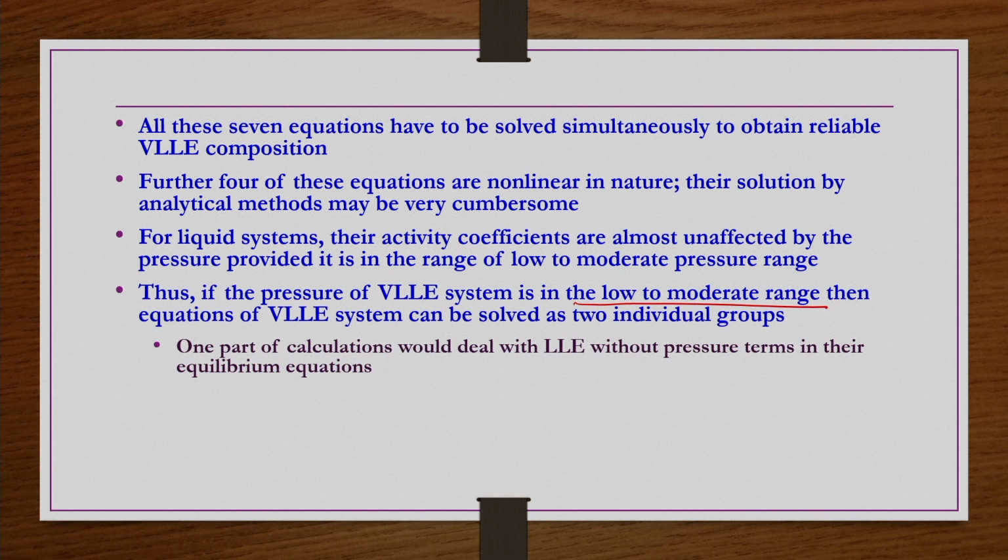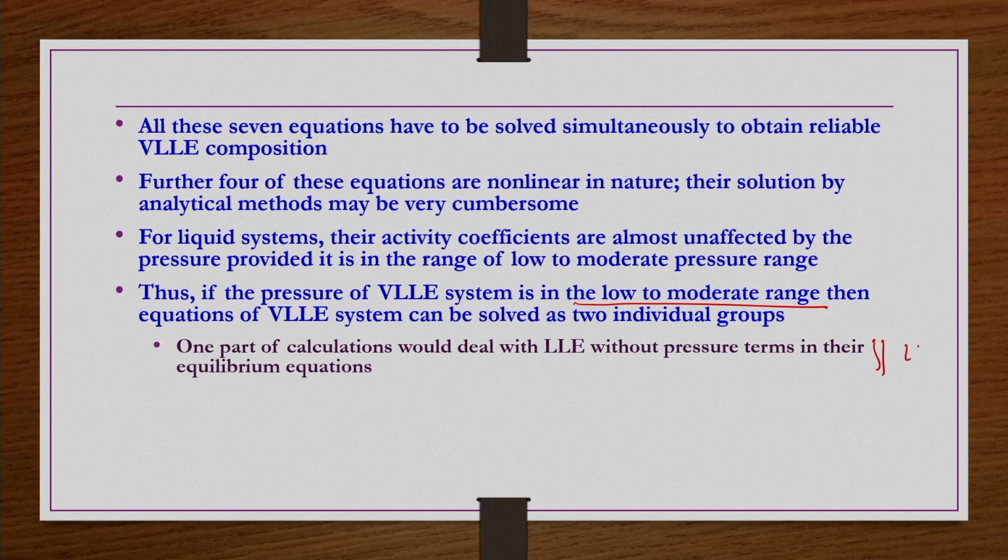First group, calculations would deal with LLE without pressure terms in their equilibrium equations, that is equations number 1 and 2, where you will not be taking the YAP terms, right. And then the remaining XA alpha plus XB alpha equals 1 and XA beta plus XB beta equals 1 should also be maintained, exactly the same way as the LLE problems that we have solved in previous lectures. Okay.